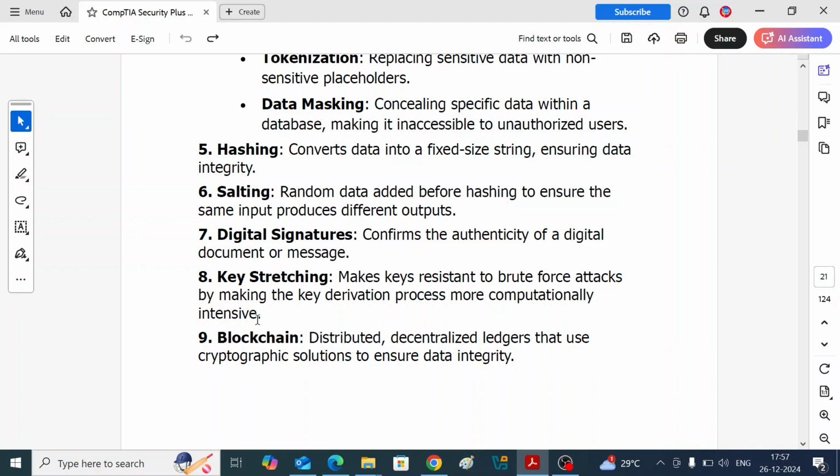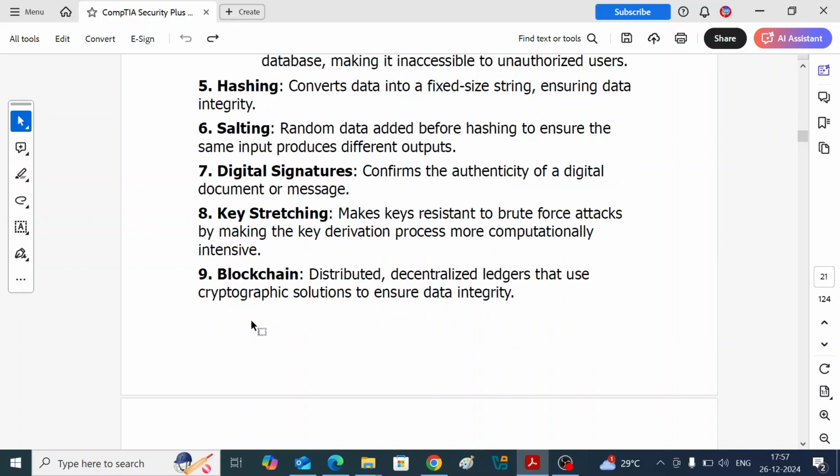That is called brute force, using all force to get into your system, to hack your systems. So key stretching makes keys resistant to any such attack by making the key derivation process more computationally intensive. Making the key process more intensive is what will save you from brute force attacks.